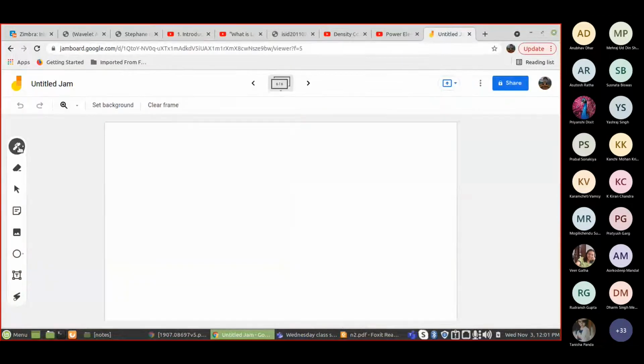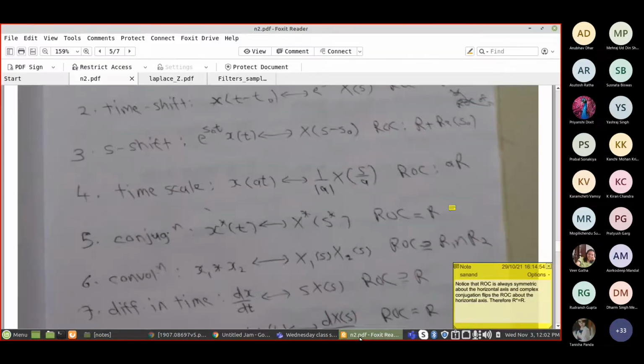So we had seen ROCs. They are either empty or the entire complex plane, or left half planes, right half planes, parallel strips like that. Five of those we had seen, and we want to understand what happens when we take complex conjugate.